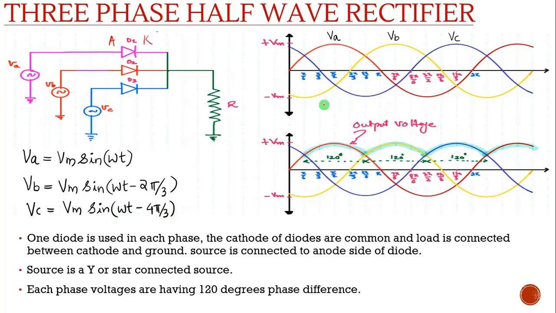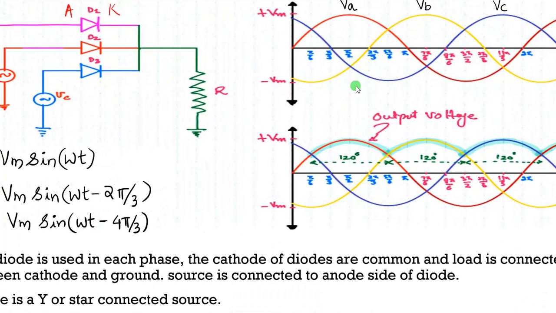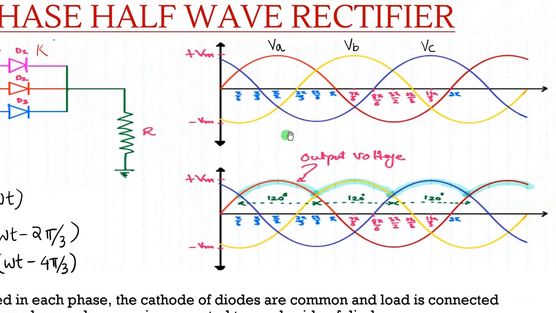So I am representing these three voltages here. VA is represented here. Now VB I am representing here. VB means 120 degree phase shift from VA. You can see here this zero crossing point is 0, and here it is 2 pi by 3, meaning 120 degrees. Now VC is drawn.